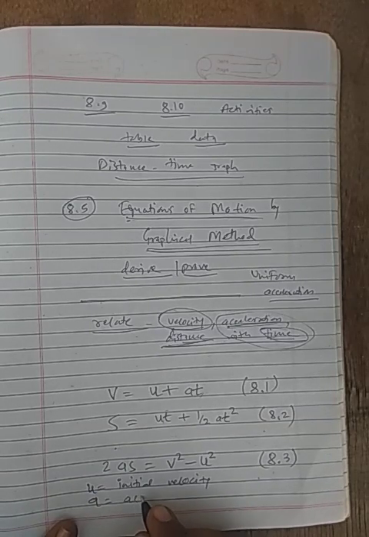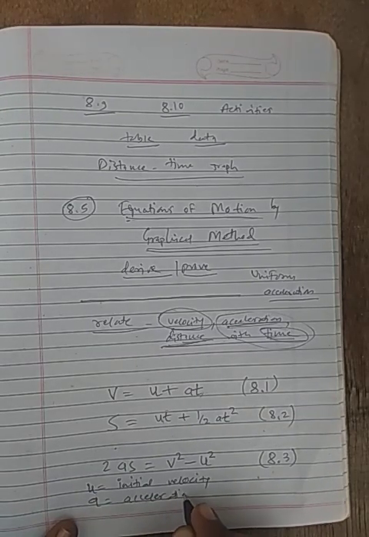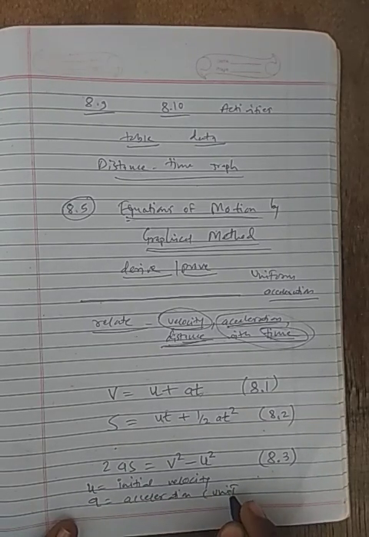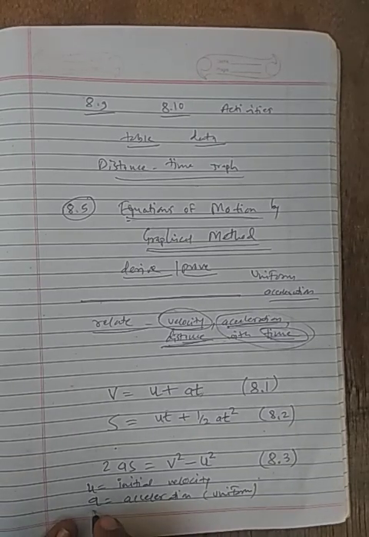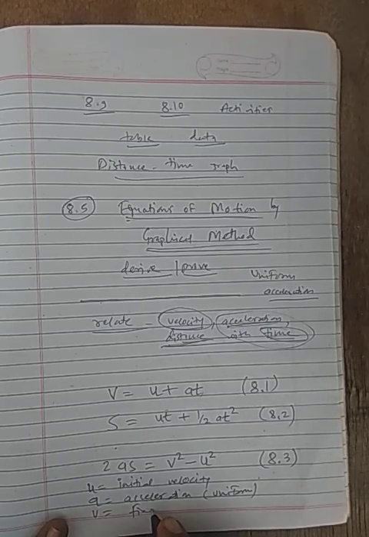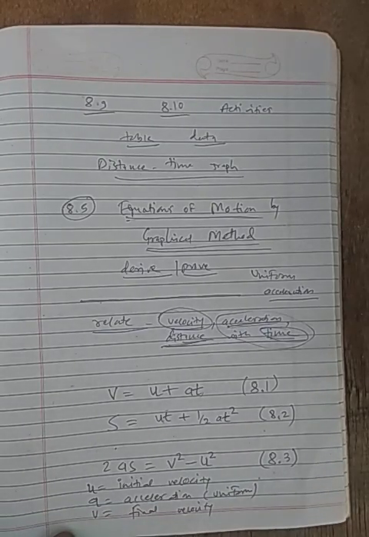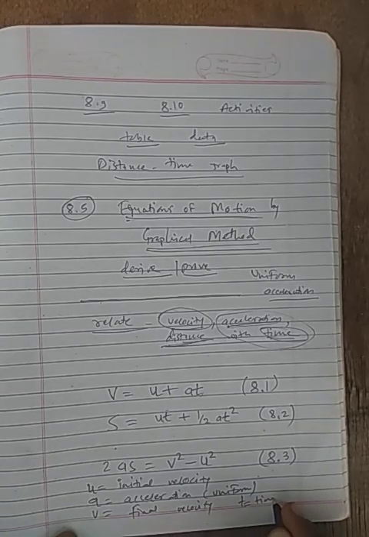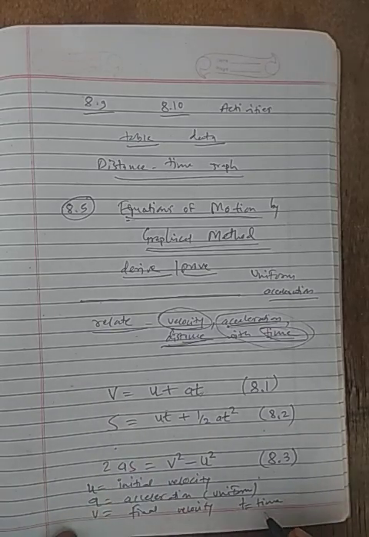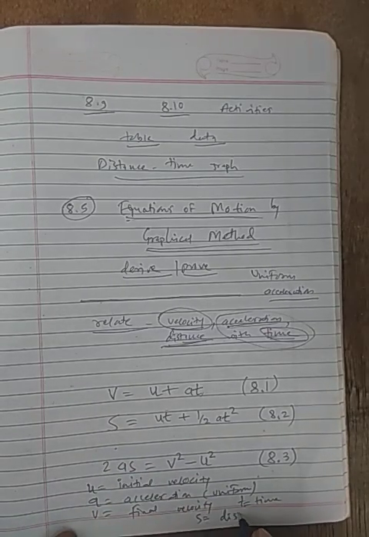A means acceleration which is uniform. Then v is the final velocity, the velocity which the object reached finally. t here is time, and s is distance.